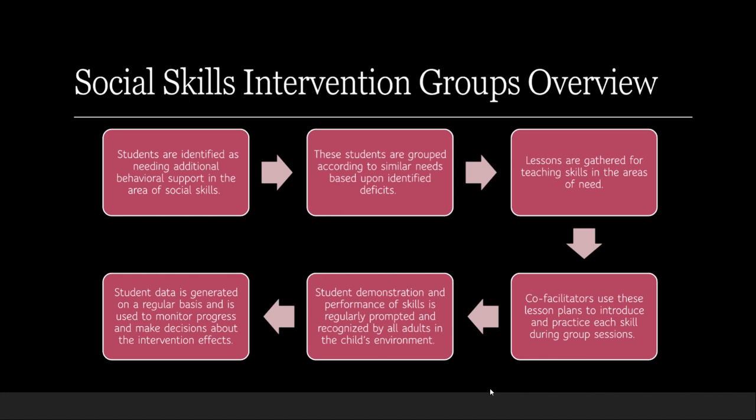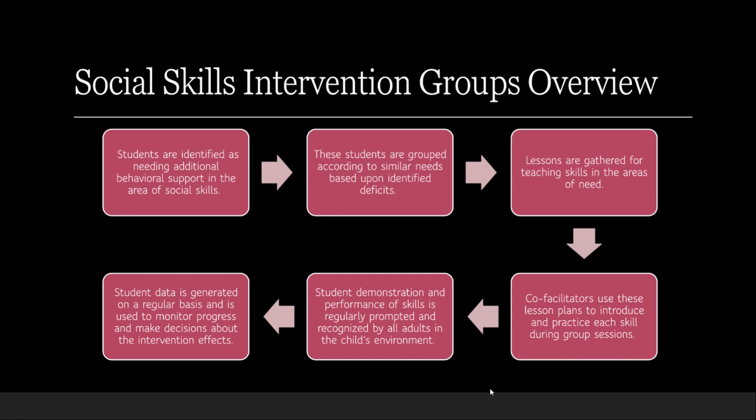And then once they identify those students in need of tier two interventions, they identify the function of that behavior so that they can appropriately match those students to an intervention. Once a student has been matched to social skills intervention instruction, those students are then going to be grouped based upon their need. And again, that team is going to really need to do some planning when they are implementing a particular intervention. One thing about social skills intervention groups is this is one of those interventions that is appropriate regardless of what the function of the behavior is.